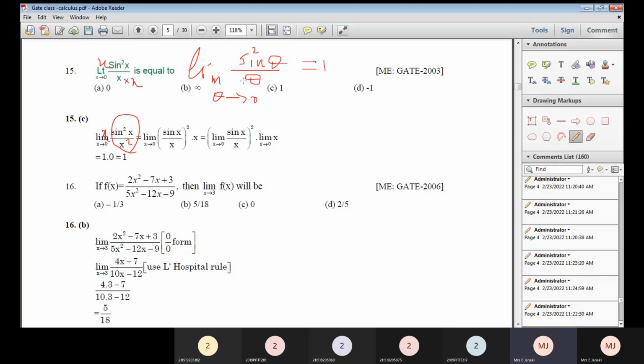For the first term, sine theta by theta equal to 1, so 1 square is equal to 1. And limit x tends to 0 for x: as x tends to 0, x is equal to 0. So 0 into 1 becomes 0.